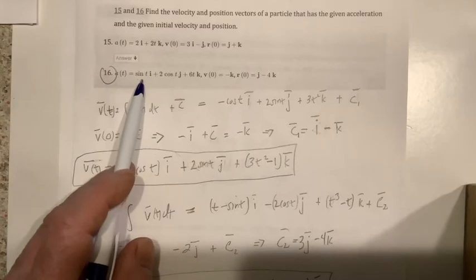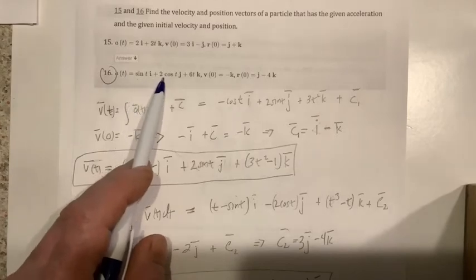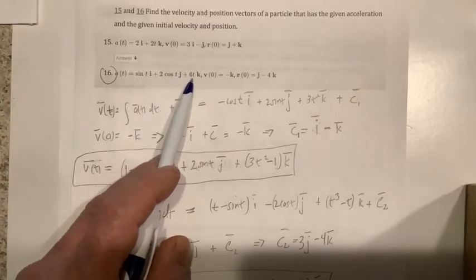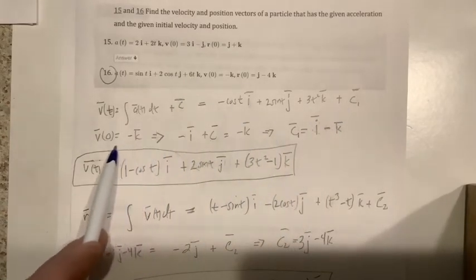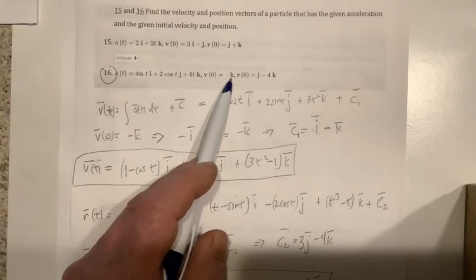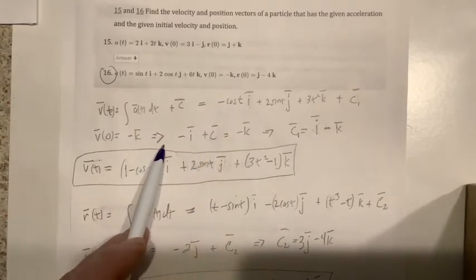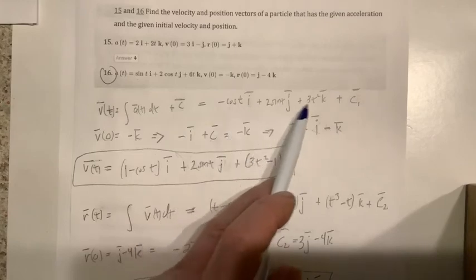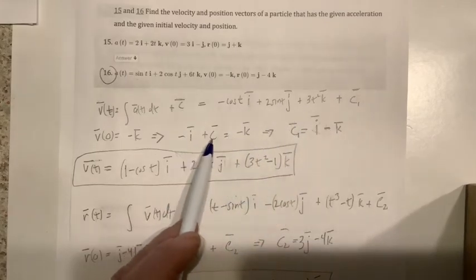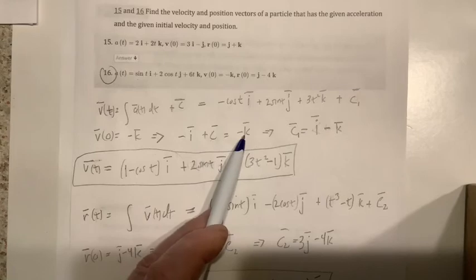So when you integrate this, you get negative cosine t i plus 2t j plus 3t squared k plus some vector c1. Plugging in 0 and using the fact that v0 is negative k, when you plug in 0, you get negative i plus 0 plus 0. So negative i plus the c vector is negative k.